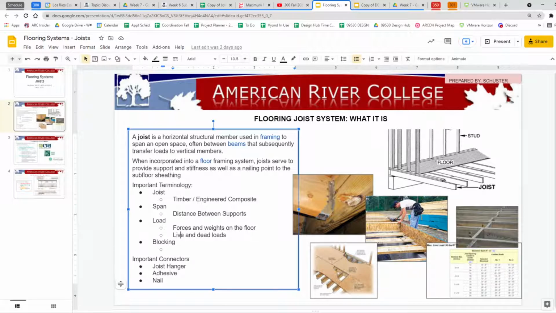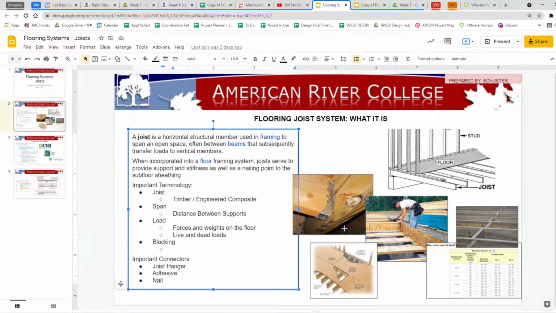Okay, but this one's being supported by the foundation, so that's cool. But you don't always have a joist that's supported that way. Sometimes the foundation is only at the edge, and you need something on the other side, and you might have a beam, a cross beam running down the whole thing.